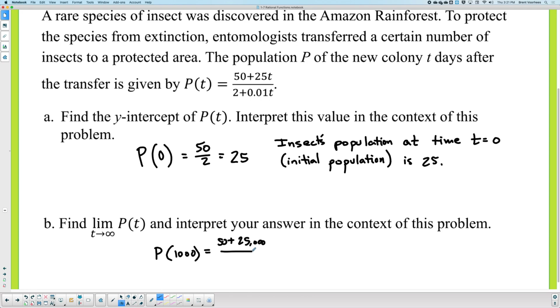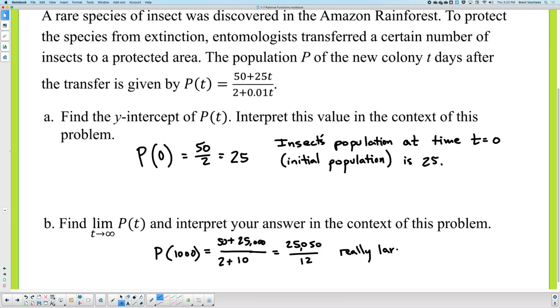That's why I did 1,000, just to make my number easier. Divided by 2 plus, now 0.1 times 0.01 times 1,000 is just going to be 10. So as you can see, this is going to become a really, really large number. 25,050 divided by 12, it's going to be something really large.